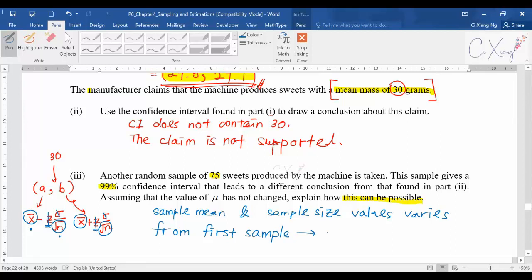And this makes you get a confidence interval with different value, and in the end it leads to a different conclusion.